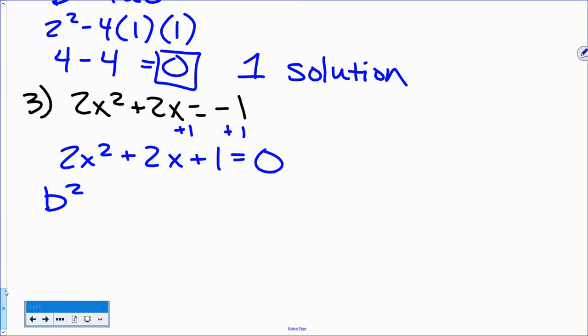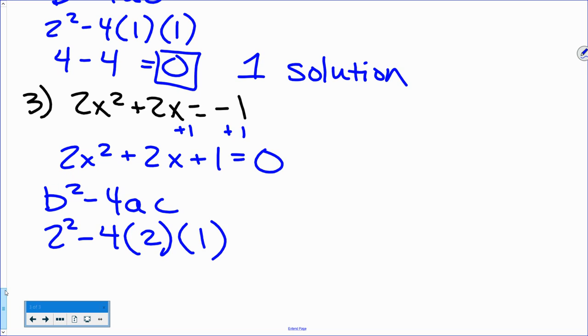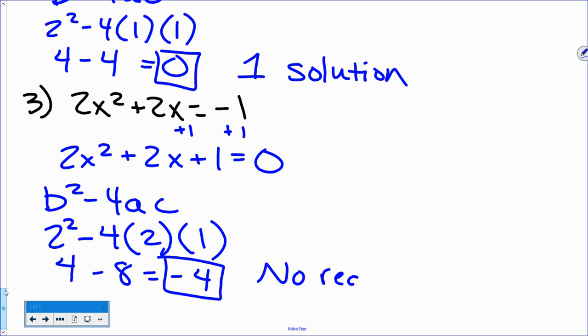So I'm doing the b squared minus 4ac part again. So 2 is my b, 2 is my a, and my c would be 1. So 4 minus 8. My discriminant is -4. All right, so if that is less than 0, there are no real solutions.